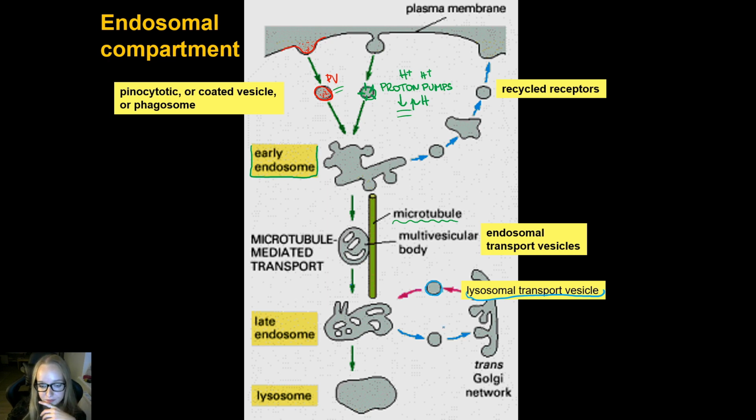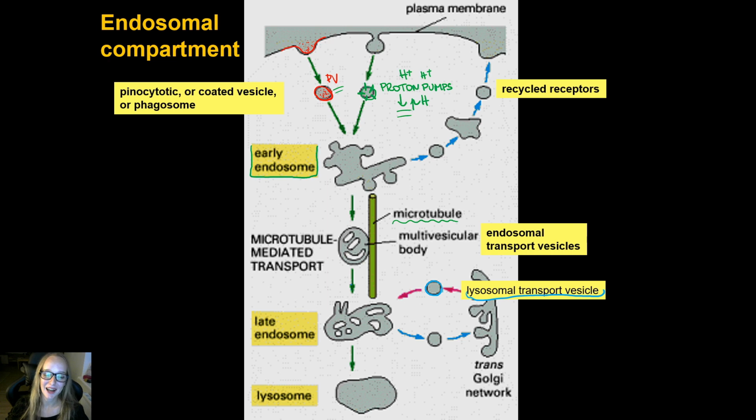or I should say rather, which was released by the Golgi complex, because it was created in the endoplasmic reticulum, and then some kind of post-translational modification happened in the Golgi complex, and then the Golgi complex released this lysosomal transport vesicle. So when the multivesicular body creates the late endosome, and this late endosome fuses with the lysosomal transport vesicle, it creates a lysosome finally.